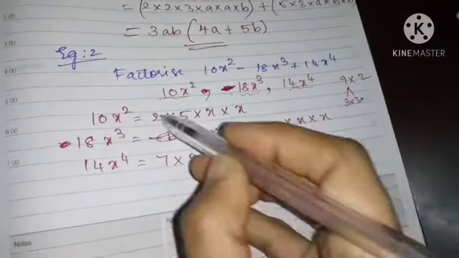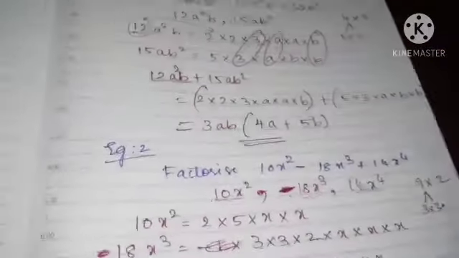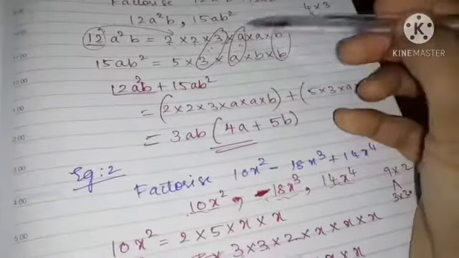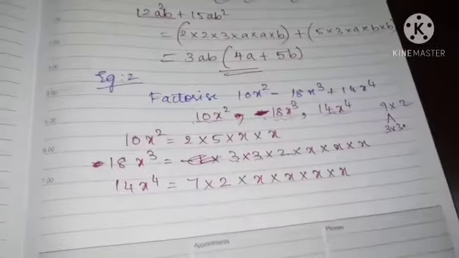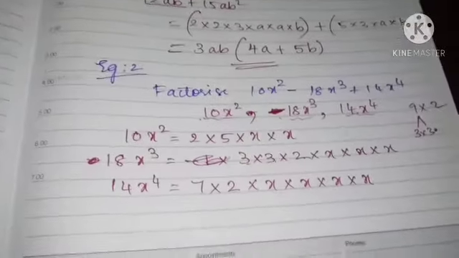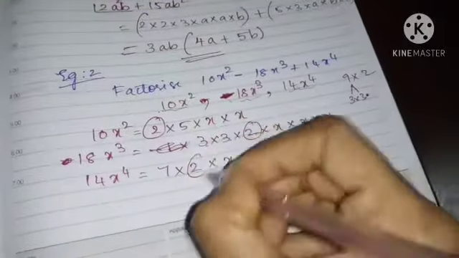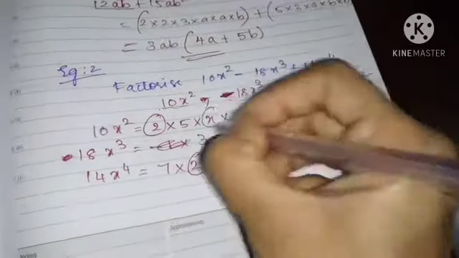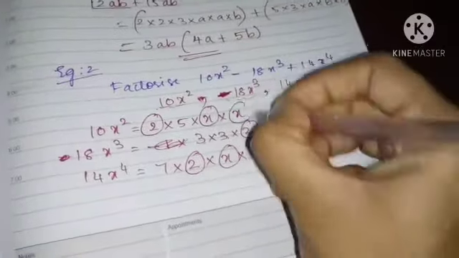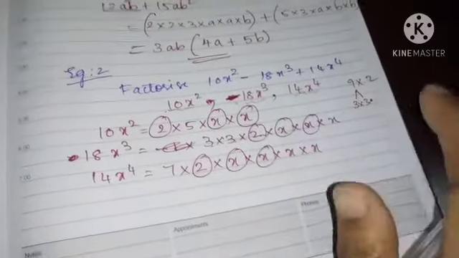Now in this, which is common? Till the last problem you checked only two terms, but here three terms you should check. You should check what is common to all three. 2 is common for all three, x is common, another x is common, that's all.